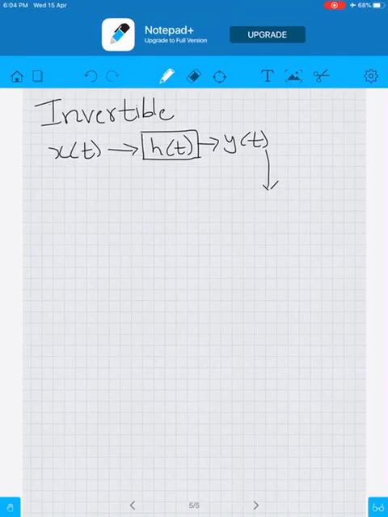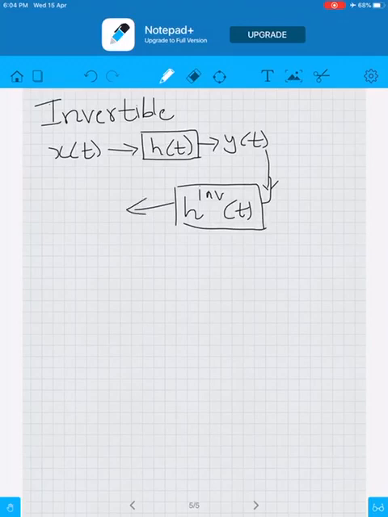Suppose I have another system whose impulse response is, say, h inverse of t, and I'm giving the input to this system as y of t, and if I get back the x of t, then we say that system 1 is invertible and system 2 is the inverse of system 1.